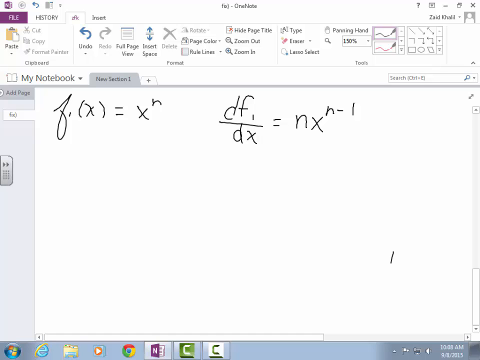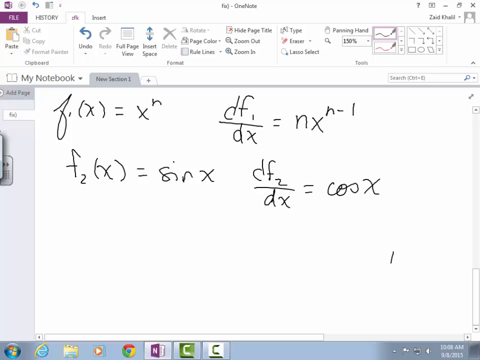It's not true for, oh no, this is always true, of course. I'm thinking of integration. So, F2. If F2 is sine, the derivative is cosine.